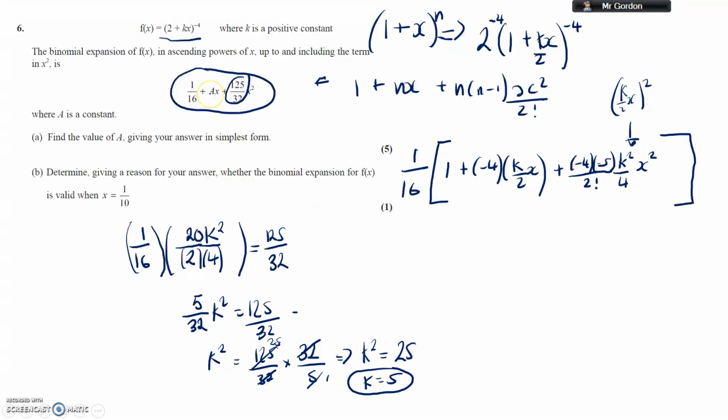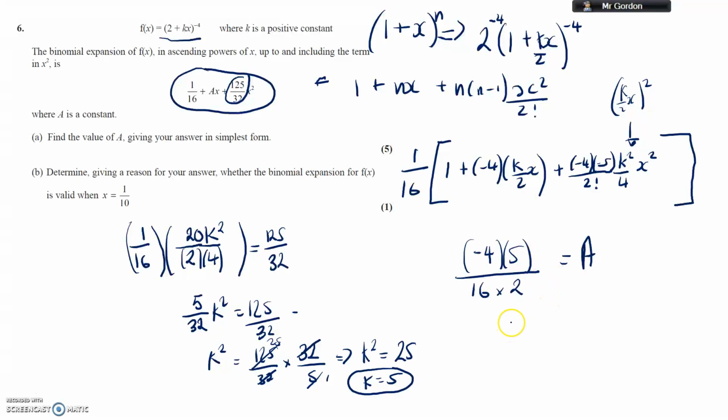If k is 5, then we can work out the value of a, because a is going to be equivalent to the coefficient of x here, which at the moment is just what we've got here, minus 4 times k. We know k is 5, right? Over the 16th, so we put the 16 on the bottom, and the divide by 2 here.